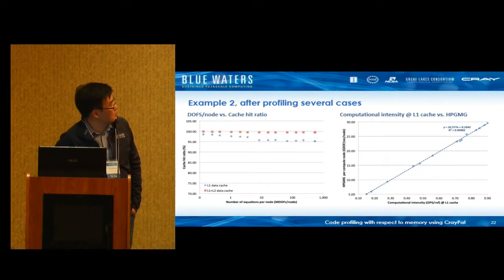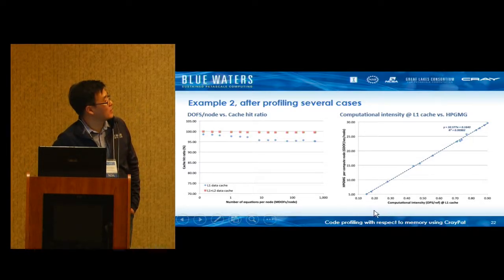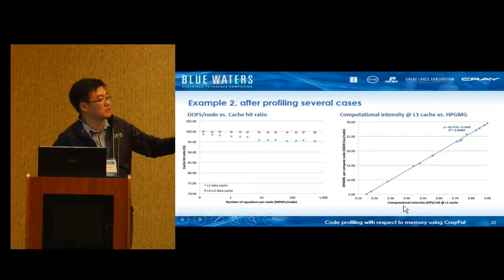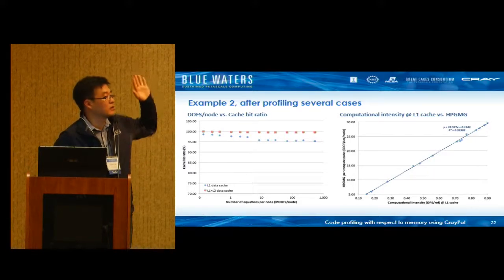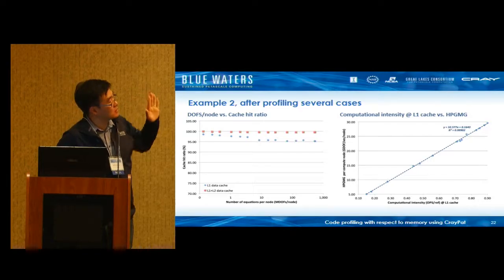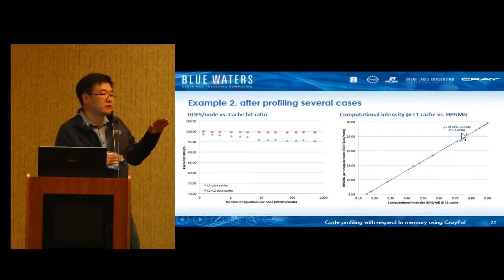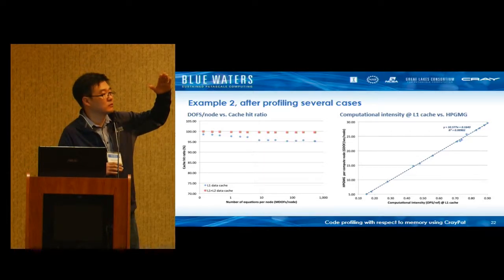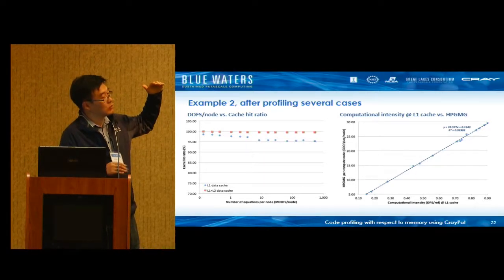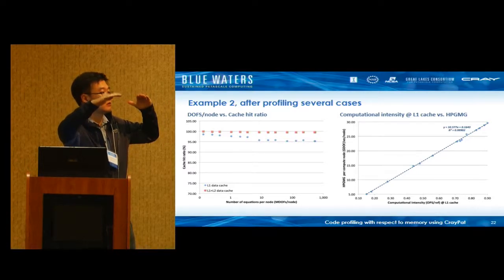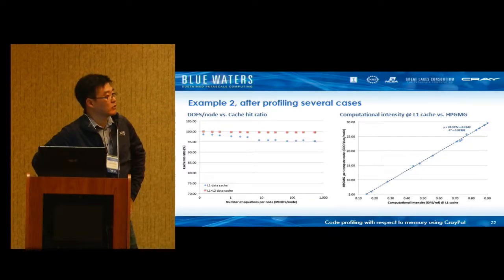This is part of the roofline analysis. In roofline analysis, you have computation intensity on the x-axis, and your performance could be flop rate or the number of equations per second on the y-axis. From this chart, we can see the HPGMG performance is proportional to computation intensity, which means that in the roofline, on the left-hand side you have the inclined roof, which is bounded by memory performance, and on the right-hand side you have the plateau area, which is bounded by your processor performance.